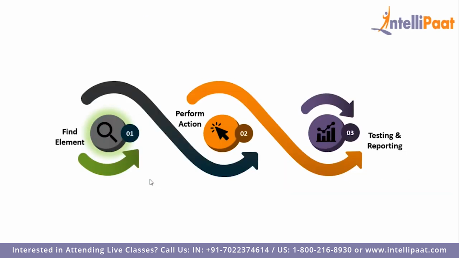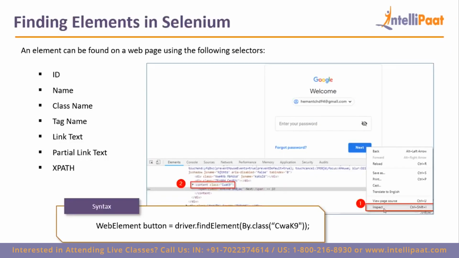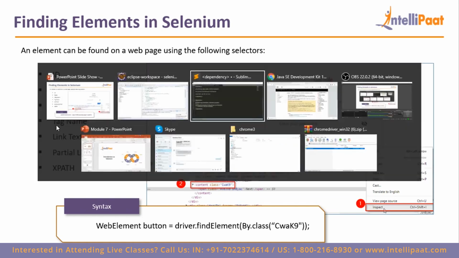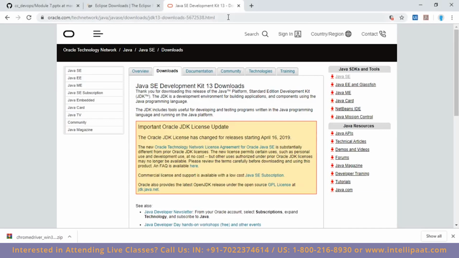The first step is find element, right? You can find an element in a particular web page by the following attributes. Let me give you a brief about what I mean. Let's say this is a website that you see.